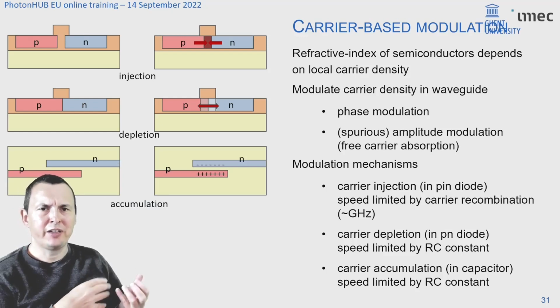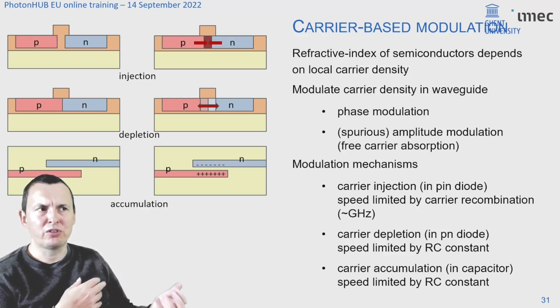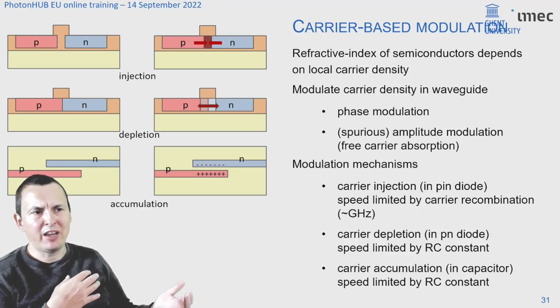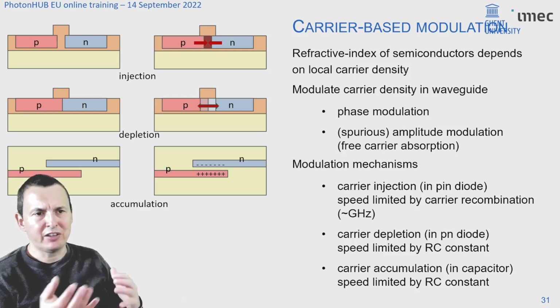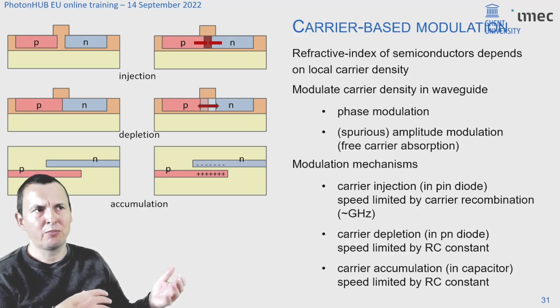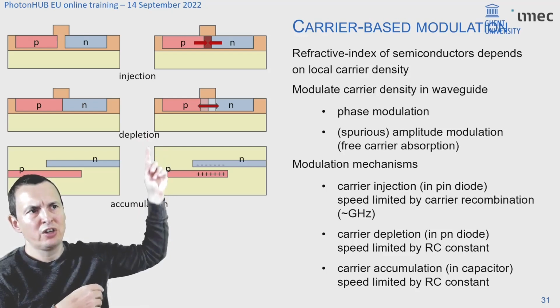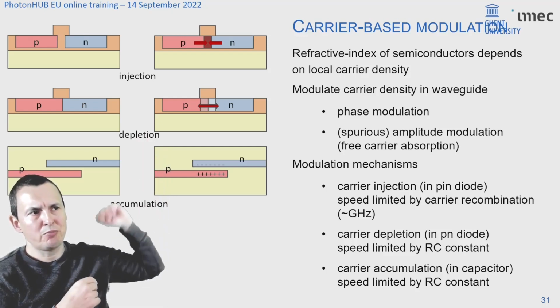The density of carriers is directly related to the effective index, but also to the loss of the material. So by playing with carriers in a junction embedded inside your waveguide, you can do rapid modulation, going from, let's say, on the order of a few gigahertz with an injection modulator to tens of gigahertz with a depletion modulator.